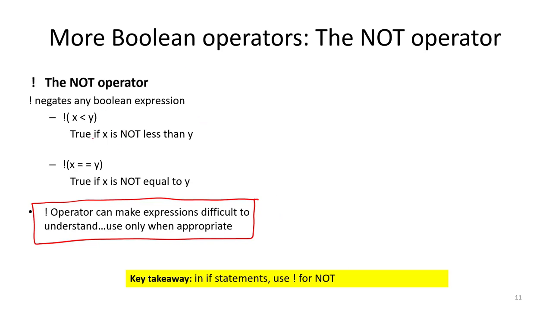Here, for example, you could say not x is less than y, and this will return true if x is not less than y.